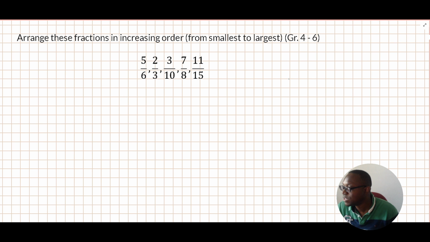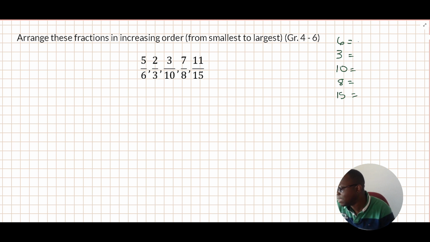Now what we're going to do is to find the least common multiple of 6, 3, 10, 8, and 15. So 6 is going to be 2 multiplied by 3.